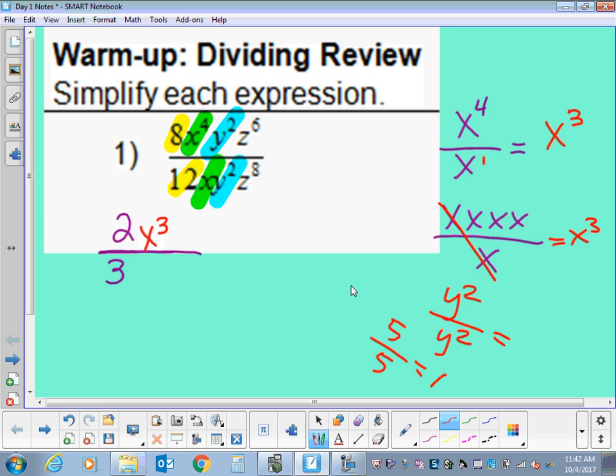Anything divided by itself is going to be 1. Do I have to write that 1? No, it's understood. If you want to put times 1, go for it, but I typically won't do that, so don't get confused. I would just cancel them out because it's 1.